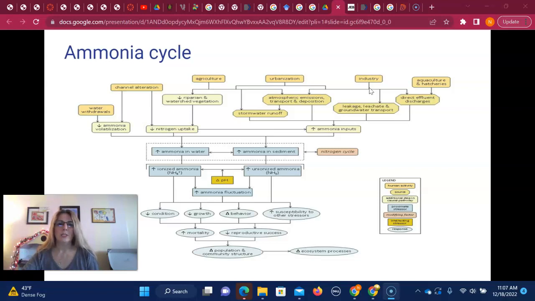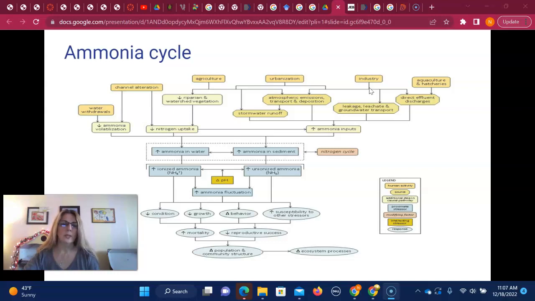So these changes will also affect the ionization and the unionization of ammonia. Ionized ammonia is NH4+, and those fluctuations are also affected by the pH of the water, which is also affected by the temperature.